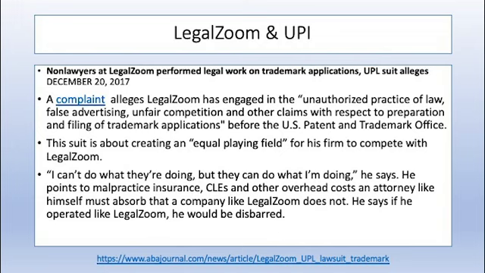So again, now you don't necessarily need to be a lawyer to file a trademark application. You can file your own personal trademark. But the question is, when the Legalzoom people are helping people fill those out, are they in effect giving actual legal advice to the people who are working on it?